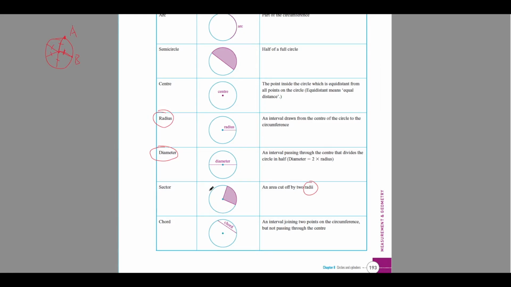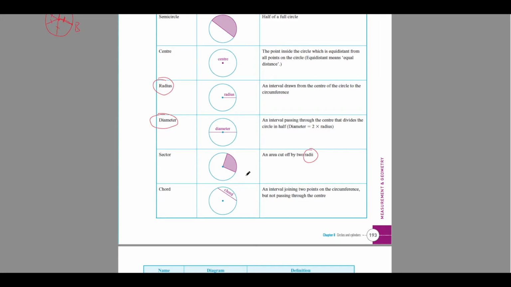Okay. Chord is just an interval. Now, for those of you that don't know what an interval is, basically a line, okay? It's a line joining 2 points on the circumference, but not passing through the center. So if I pick this point and that point, and I draw a line, this is called a chord.